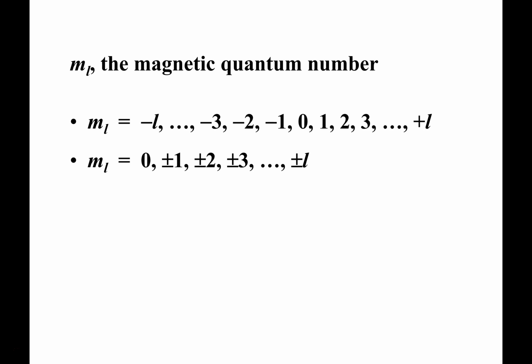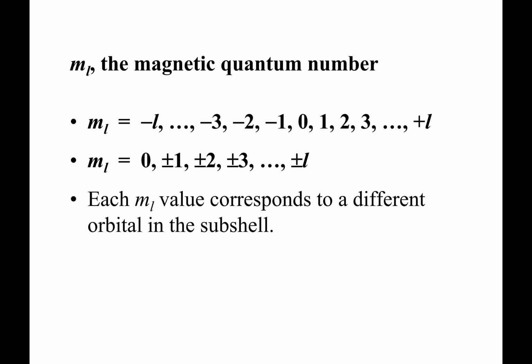They're rules. So I don't have to recreate the whole thing here. Any S-type subshell, whether it's a 1S, 2S, 3S, 5S, is going to look like this, and its m sub L value is simply 0, because the L value for S is 0.